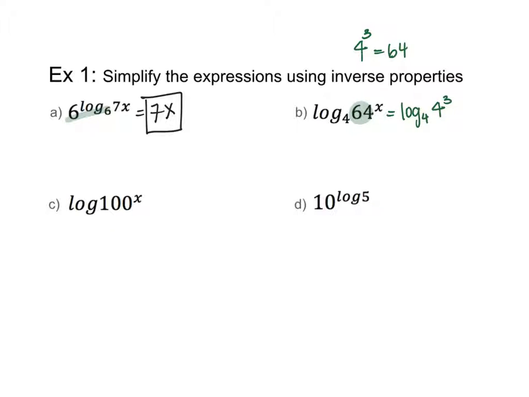Now, there was an x here, right? So in that case, I need to write back that x to the side. Let me do this in black here. So the original problem, we had log base 4, and we're replacing this 64 with 4 to the 3rd power because that's still 64. And then there's still an x in that exponent, so I'm going to write that there.